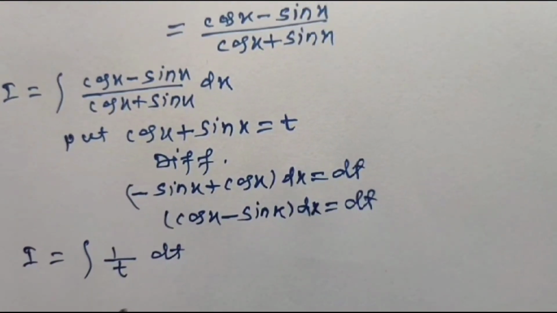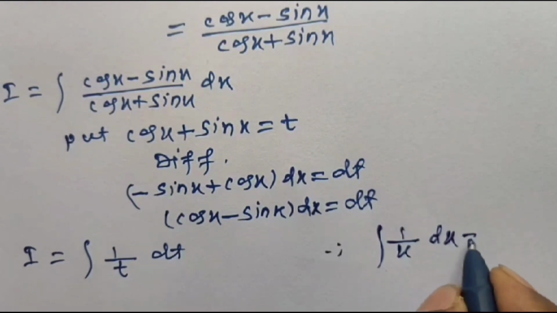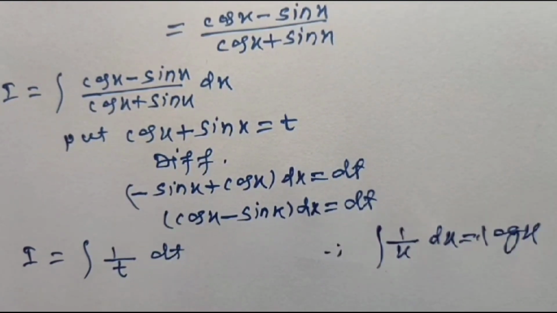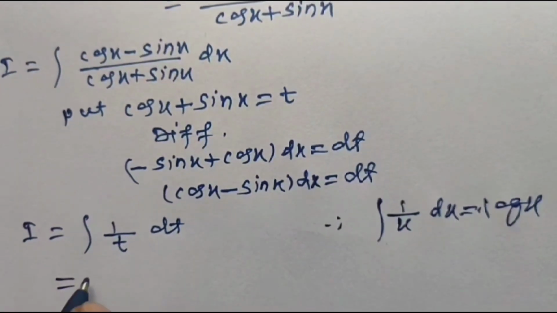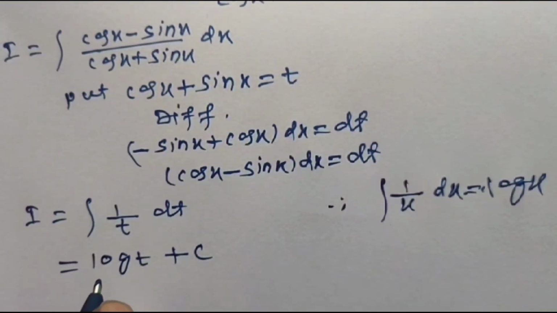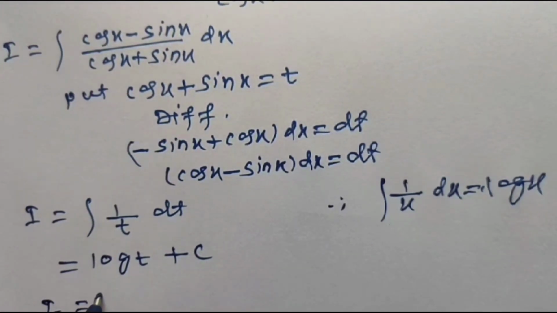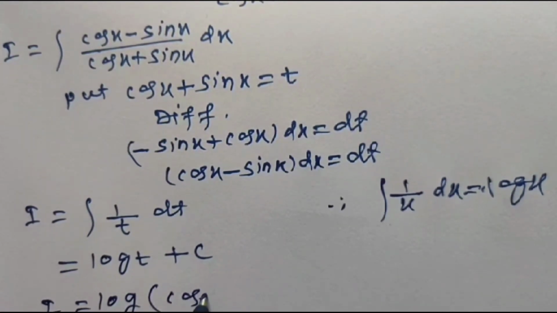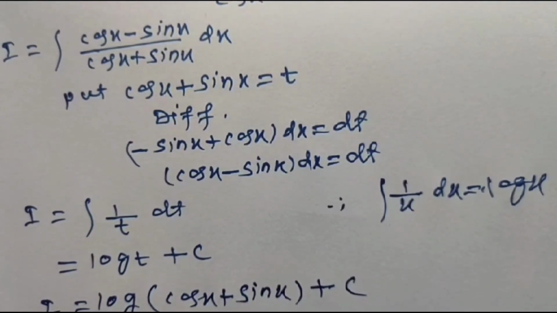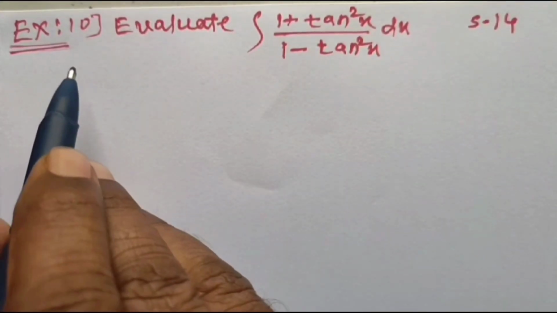And this is equal to, since you know integral 1 upon x dx is equal to log x, so this can be written as I is equal to log t plus integral constant c, but t is nothing but cos x plus sin x. So I is equal to logarithm of cos x plus sin x plus integral constant c, and this is the solution of the given sum. Let us solve sum number 10.